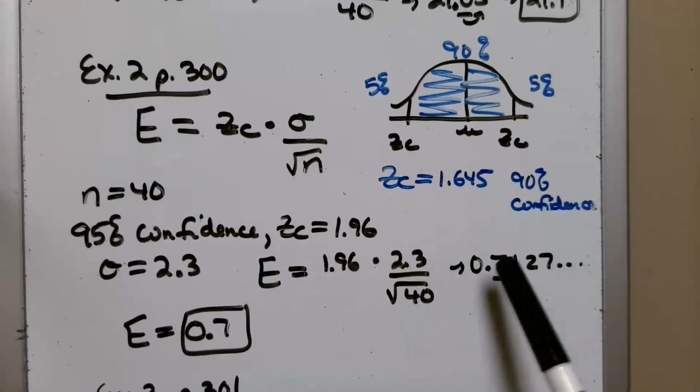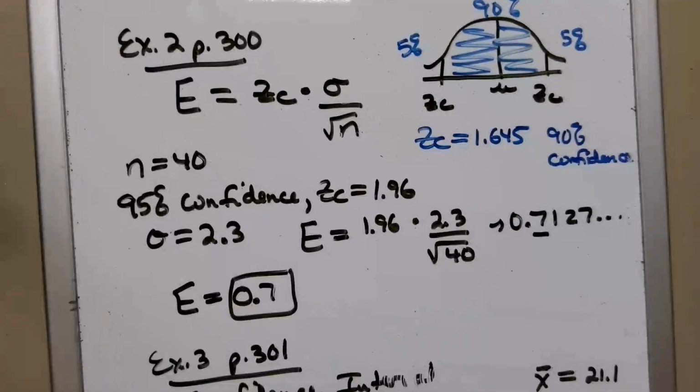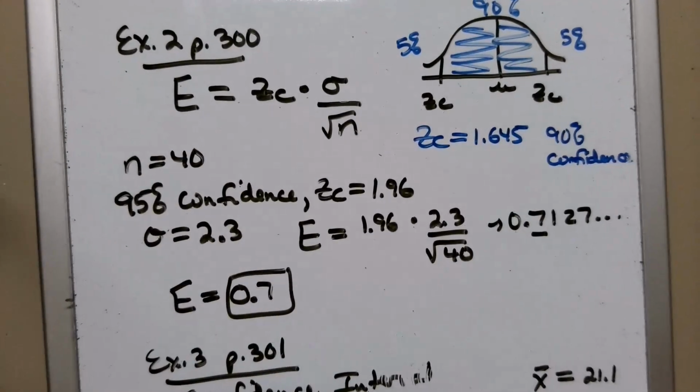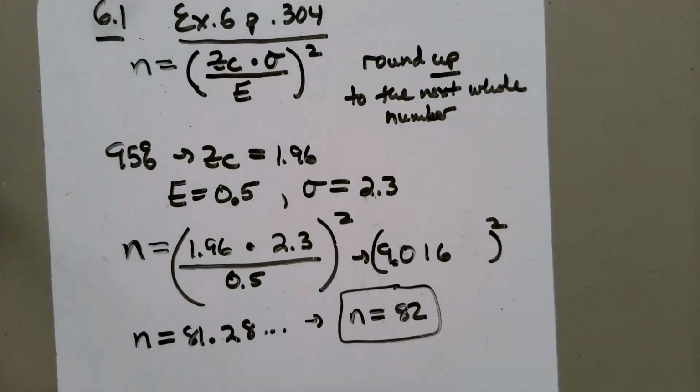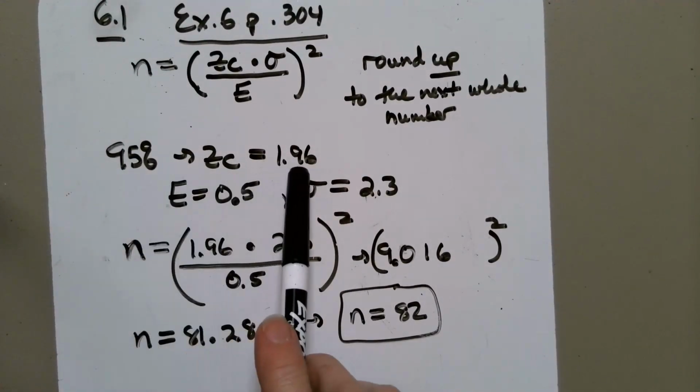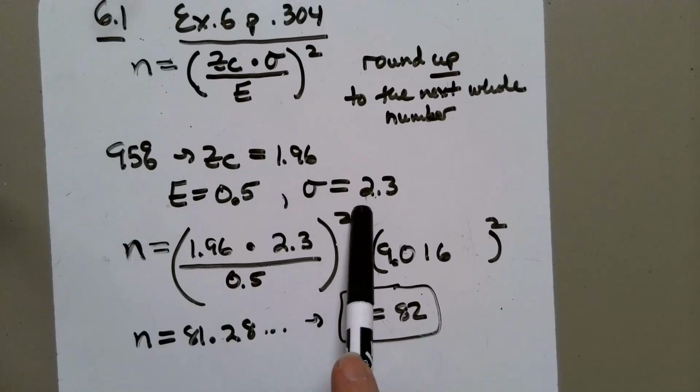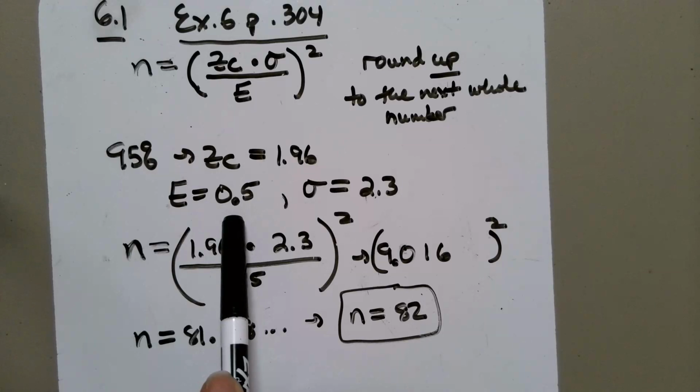Remember, our margin of error turned out to be 0.7. Well, now in example 6, we still have 95% confidence and the same standard deviation, but now we want a smaller margin of error. We want less error in our estimate.